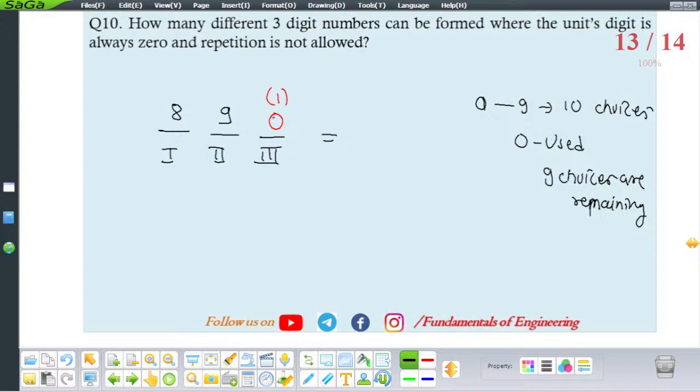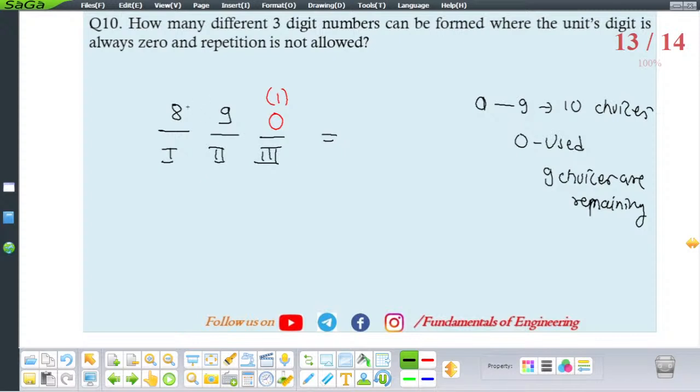See here, the unit place is fixed: 0. So one possible choice we are getting. At the tens place, we can use all 9. Now repetition is not allowed. 0 is already fixed. We have used one of the digits 1 to 9. So if number 1 is used at the tens place, we can't use it again at the hundreds place.